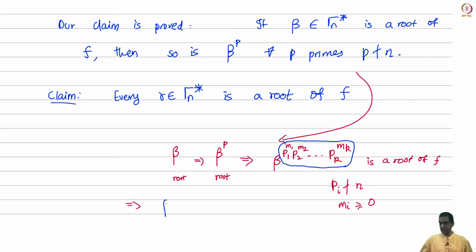So this means that beta to the power r is a root for all integers r which are relatively prime to n, that is, for all r such that the GCD of r and n is 1. But recall that's exactly how you get every element of gamma n star. So every element gamma in gamma n star is a root of f.